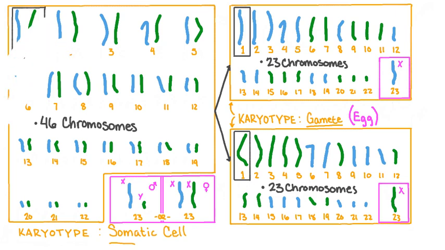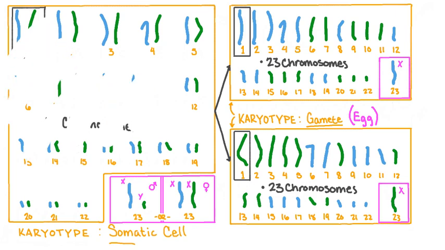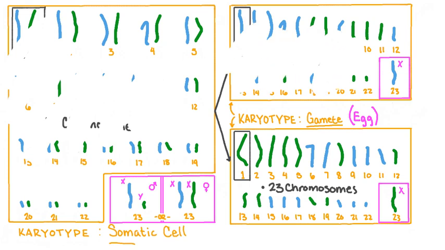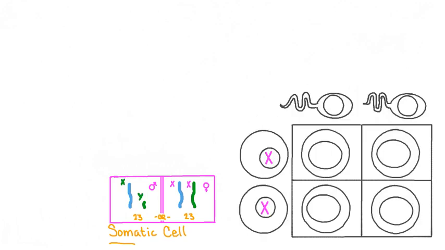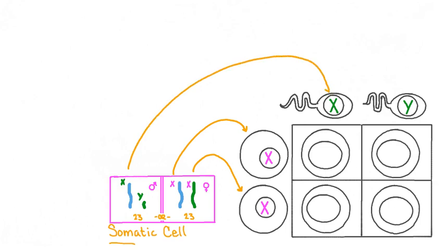Let's simplify our representation a little bit and just focus on the sex chromosomes. A Punnett square is a tool that scientists use to predict the inheritance of certain traits. So let's try using one here. So we've learned that all of the egg cells produced by a female will contain an X sex chromosome, while the sperm cells produced by a male can contain either an X or a Y chromosome.